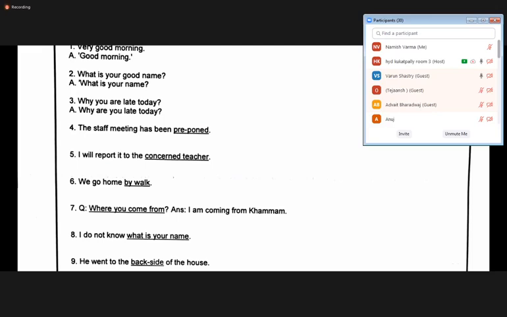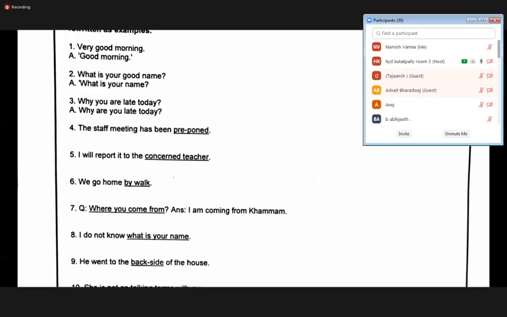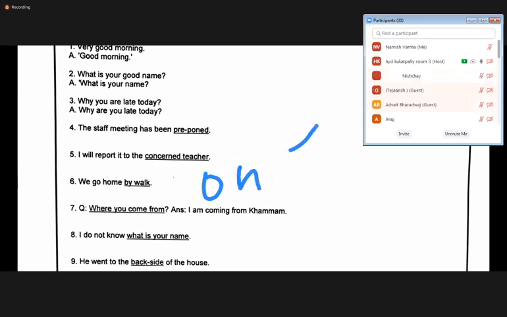The same way, on foot. So it is on foot, not by walk. I explained this in prepositions also. We go home not by walk, but on foot. This is the correct expression, on foot.